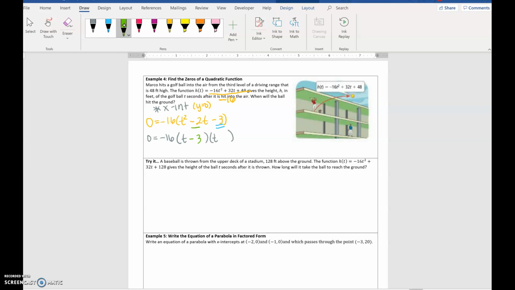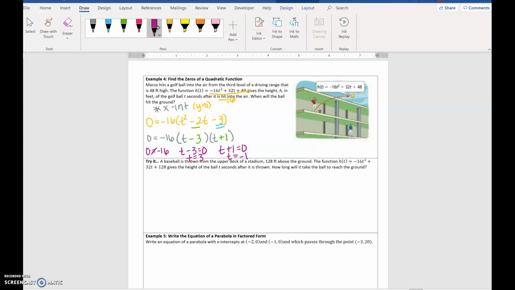So we would have negative 3 and a positive 1. Now we're going to set all this up to 0, so 0 equals negative 16. That's not true, so there's no answer there. We have t minus 3 equals 0, and we have t plus 1 equals 0. So this would give us t equals positive 3, and this would give us t equals negative 1.